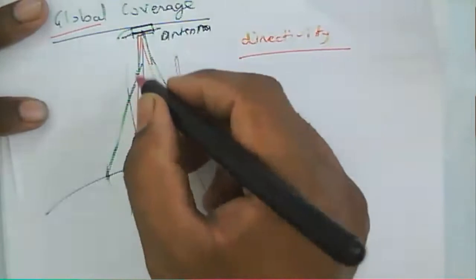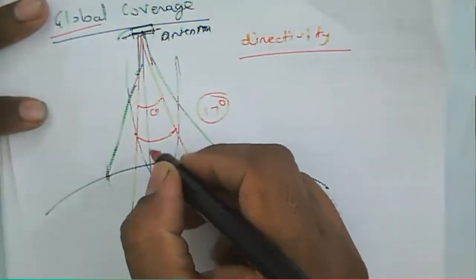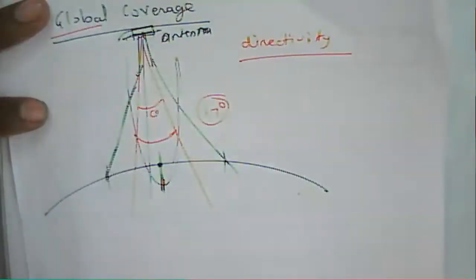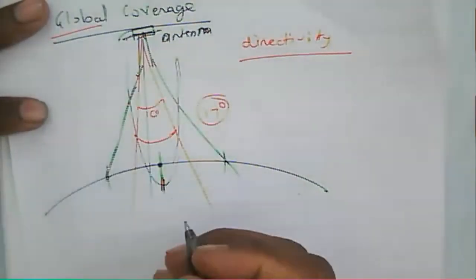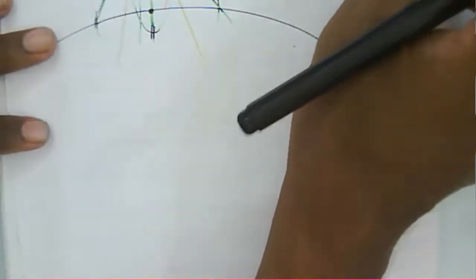That's why the directivity toward this direction will be maximum. And the horn antenna is used mostly as a feed for a reflecting antenna, or reflector.